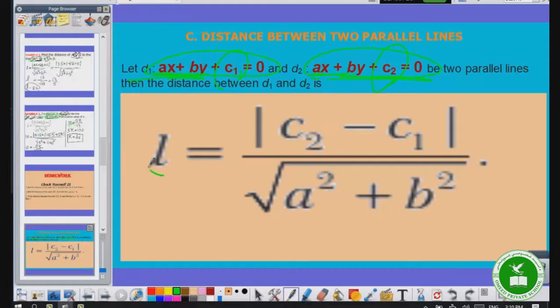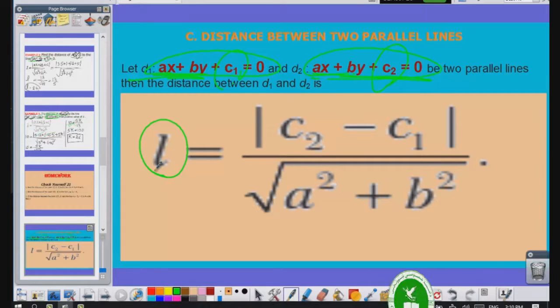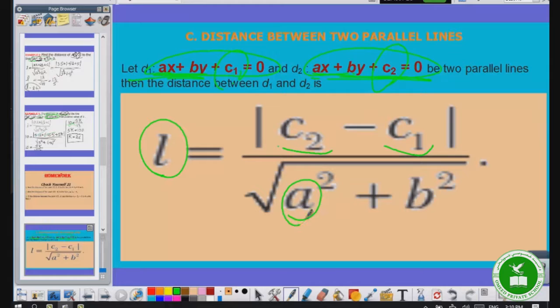The distance between these two lines is equal to the absolute value of c2 minus c1 divided by under root a square plus b square. You see, c1, c2 are the constant numbers in the equations of the lines. A and b are the coefficients of x and y respectively.